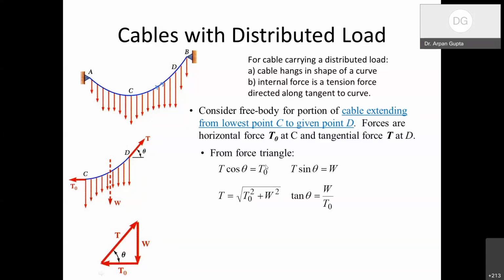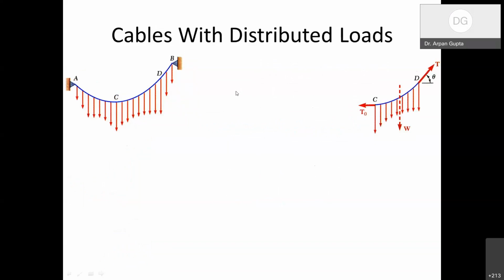So again, T cos theta is T naught, T sin theta is W. The magnitude of tension at point D, which is capital T, is equal to the square root of T naught square plus W square, and the slope, tan theta, is equal to W by T naught. So this is the generalized expression for tension and slope for a cable with distributed load.